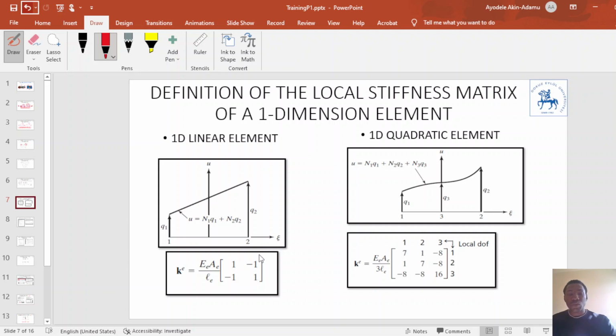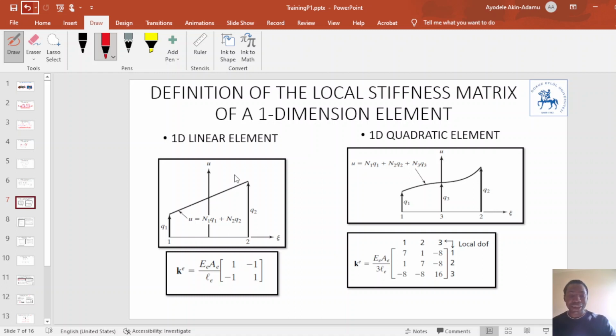First thing you need to know about one-dimensional problems using finite element procedure is the formula for the local stiffness matrix for each one-dimensional element. In finite element, there are 2 types of one-dimensional element: the one-dimensional linear element and the one-dimensional quadratic element.